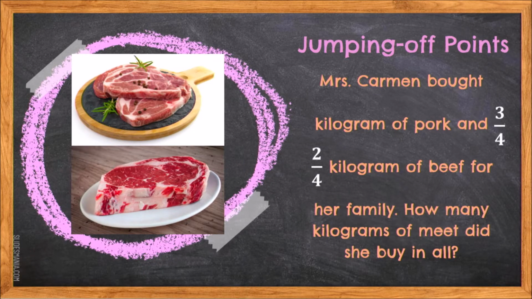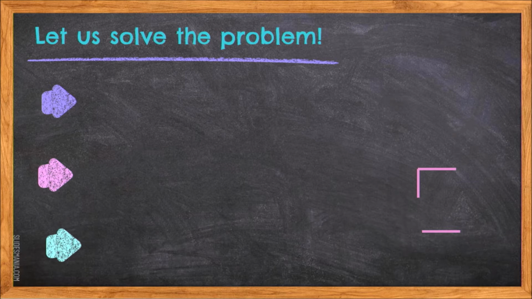How many kilograms of meat did she buy in all? What do you think is asked in the problem? Very good. We are looking for the kilograms of meat. Okay, let us solve the problem.